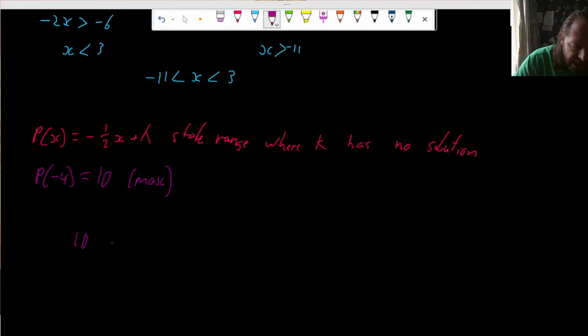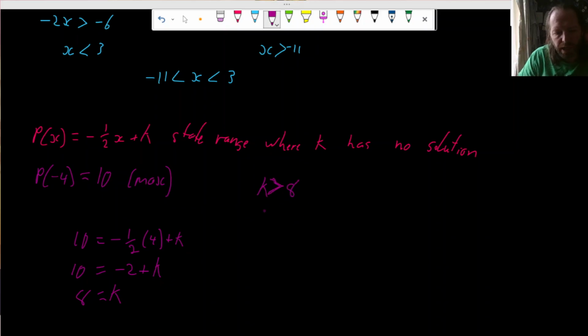If we have 10 equals minus a half of minus 4 plus k, then we end up with 10 equals 2 plus k, and 8 equals k. State the range where k has no solutions. It would be when k is greater than 8, because when it is equal to 8, it does have a solution. So greater than 8, it doesn't have a solution.